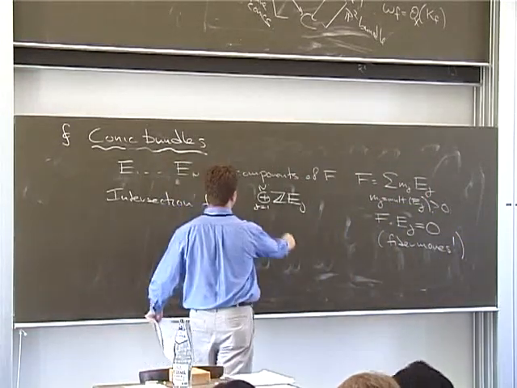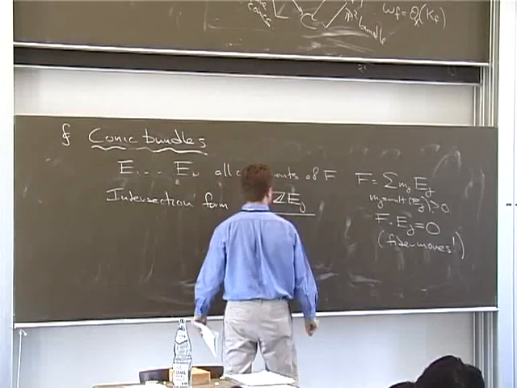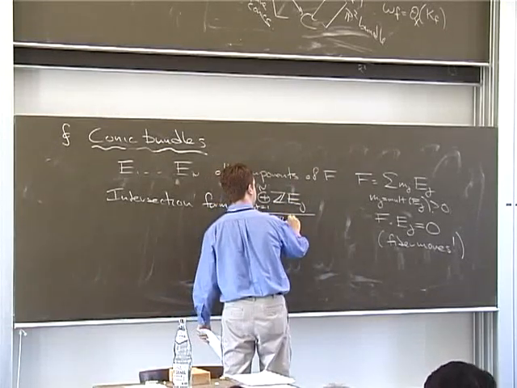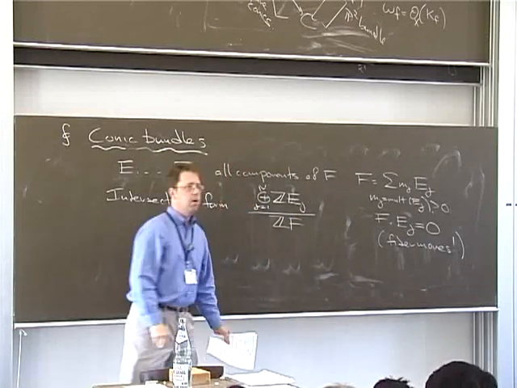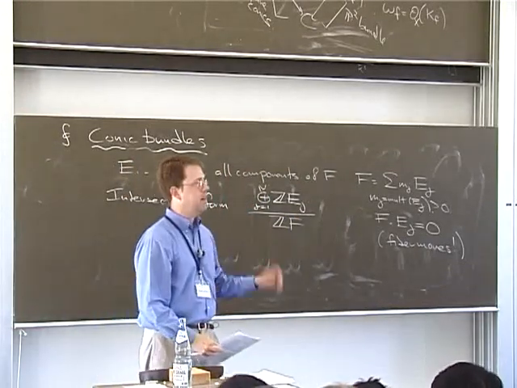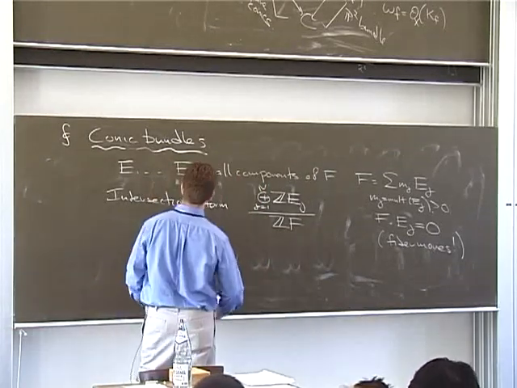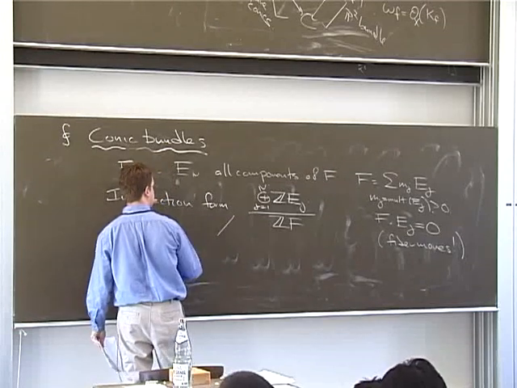So really, I should think of the intersection form as not living here, but living on this quotient, because the fiber itself doesn't really play any role here. And on this quotient, we get that the intersection form is negative definite.